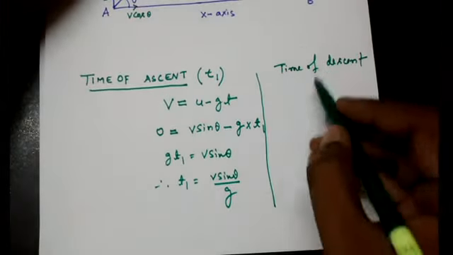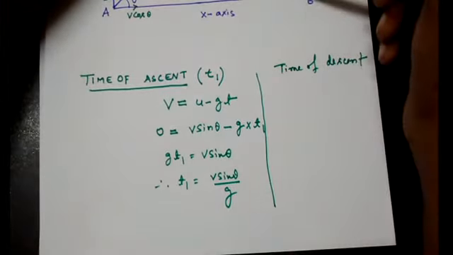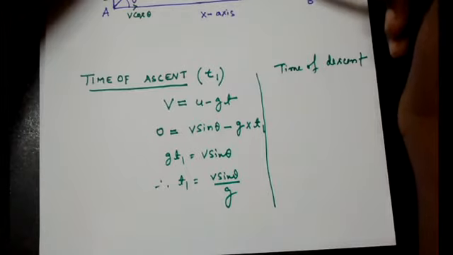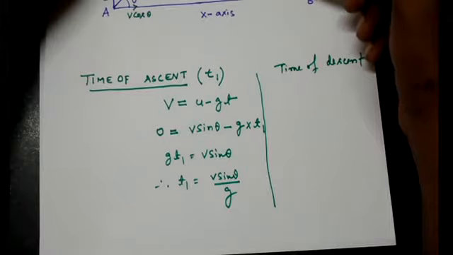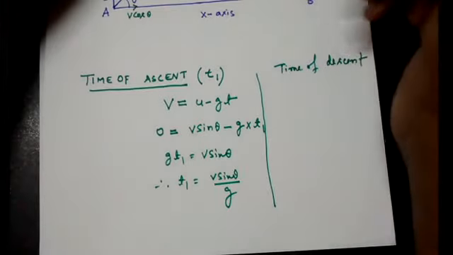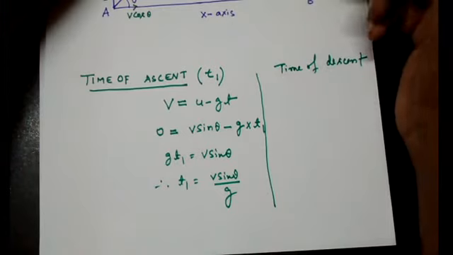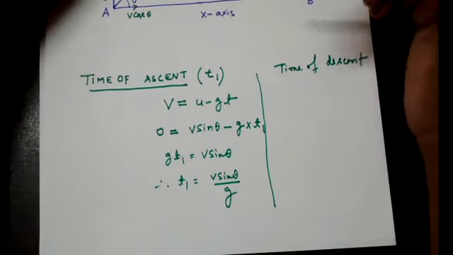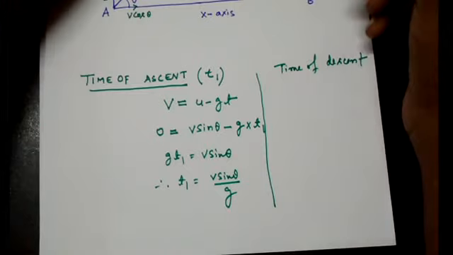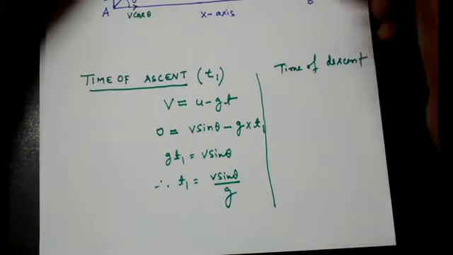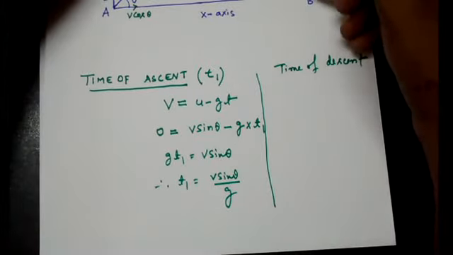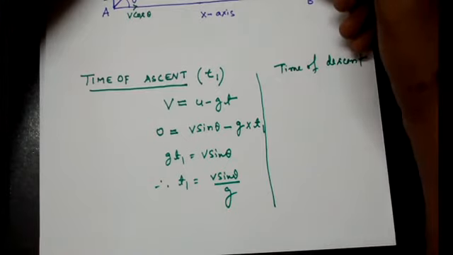In a similar way, at this point B the velocity component v sin theta will have a downward direction, and as energy will be conserved, we are supposing that there is no friction force or negligible friction force, so the object will reach the ground at the point B with the same velocity, so it will have a downward velocity component v sin theta.